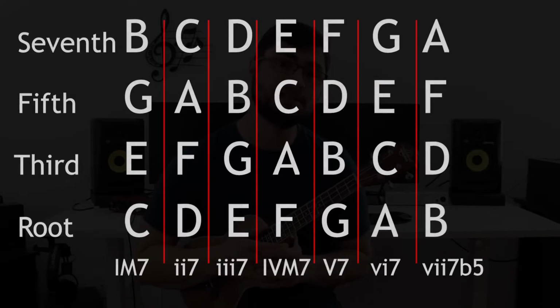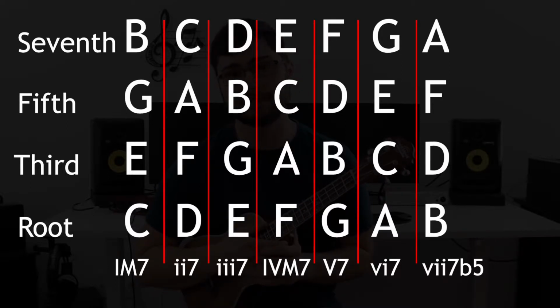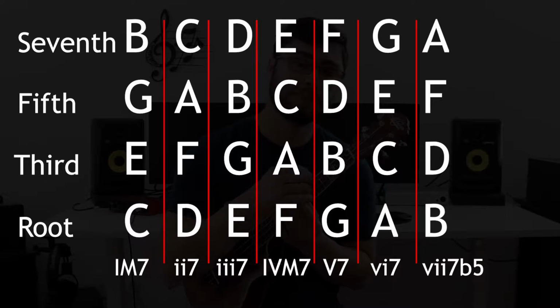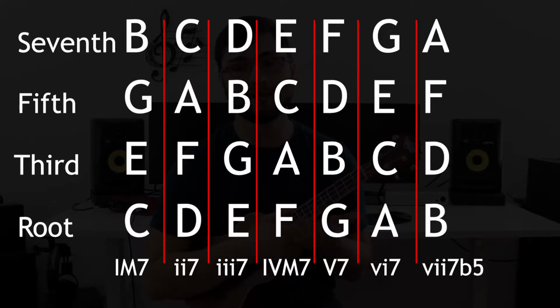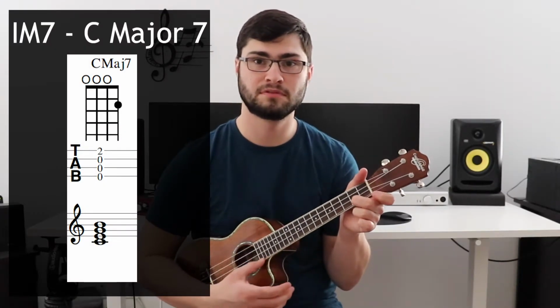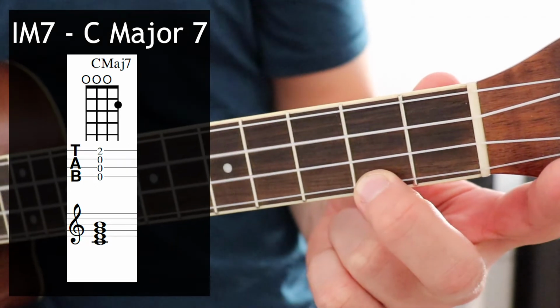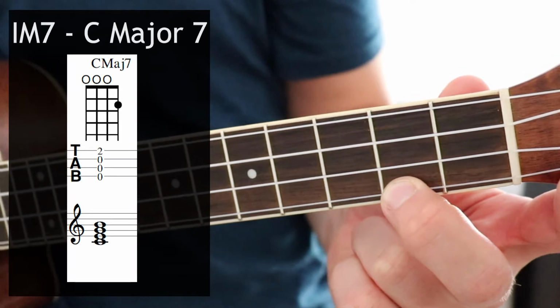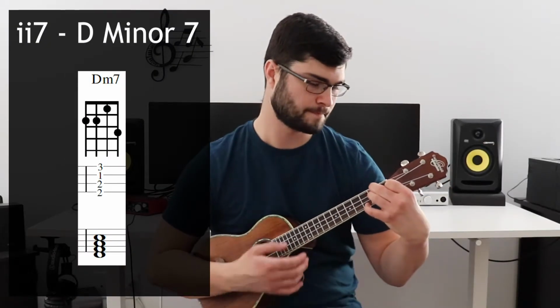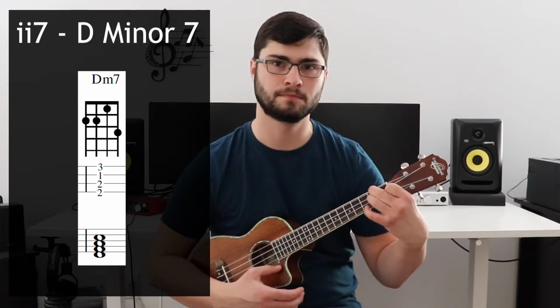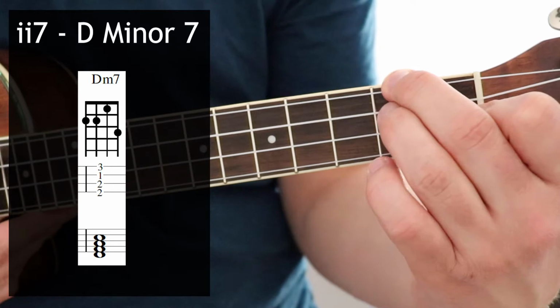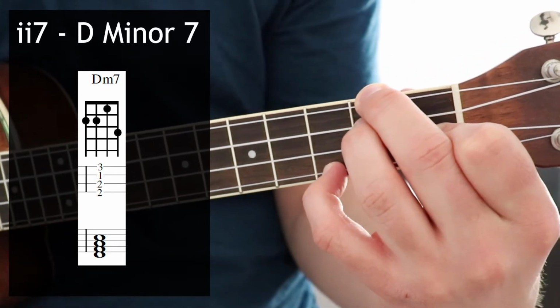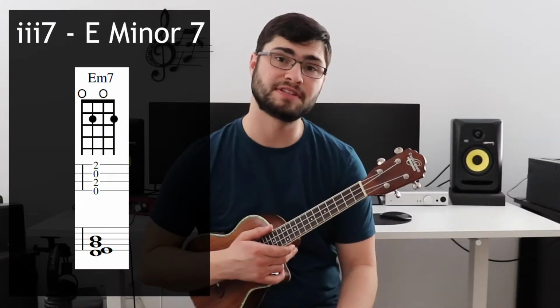If we add another 3rd to each of these chords, we get what are called 7th chords. This means that each string of the ukulele will be playing a different letter note. Let's take a look at each of the C major 7th chords, nice and quick. C major 7. D minor 7. E minor 7.